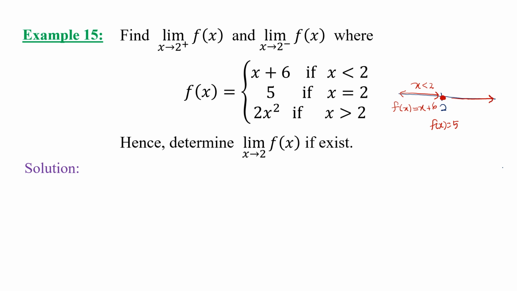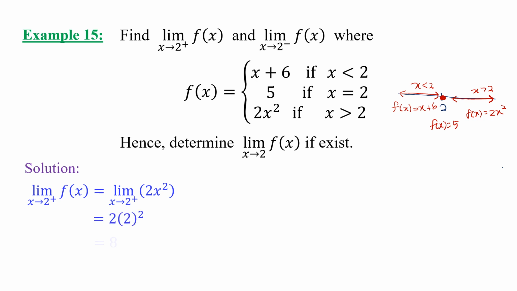And for the interval x greater than 2, f(x) equals 2x squared. It means that if we want to evaluate the limit as x approaches 2 from the right, for the function f(x) we must substitute with 2x squared. Then we substitute x with 2 to evaluate the limit and we get 8.